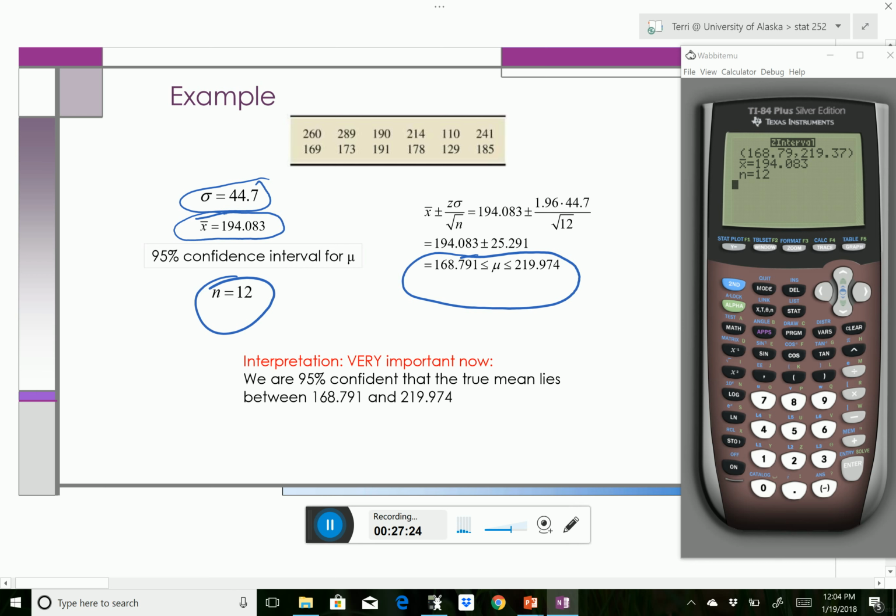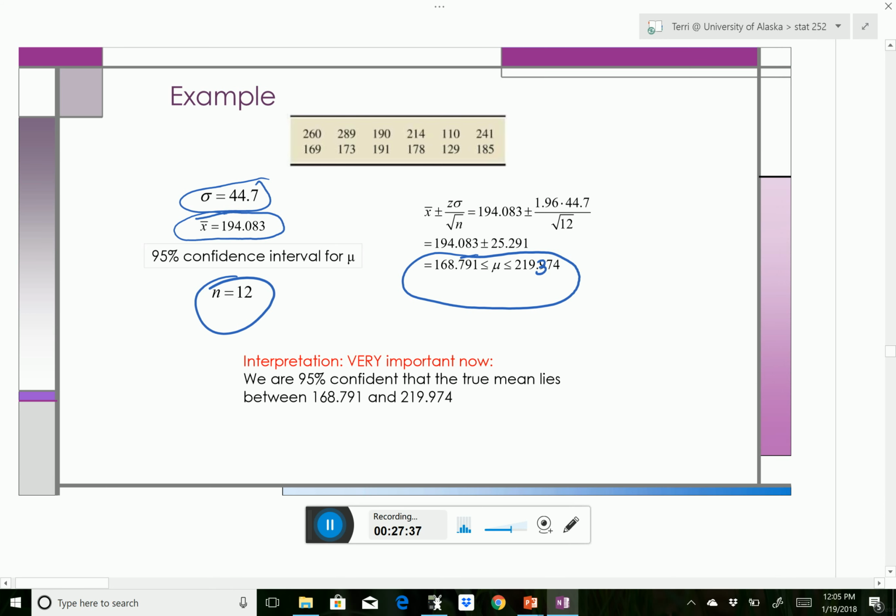168.79 to 219.37. Oh, that might be a typo. It is a typo, actually, because I'm looking at this going, yep, that is supposed to be 3. Okay, so if you look at this, this is what your calculator did.